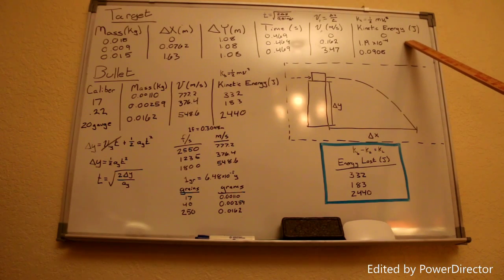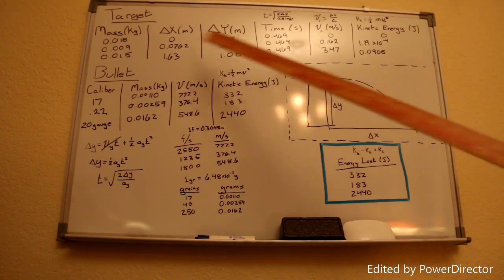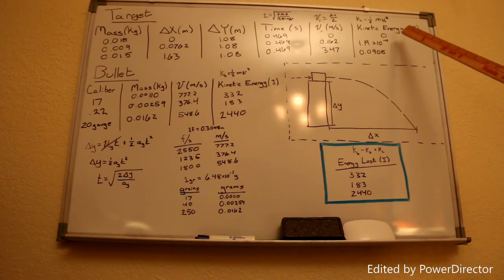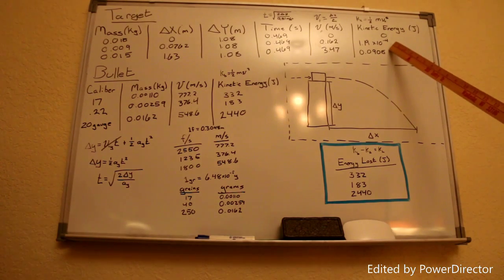Now we can calculate the kinetic energy of each target using the equation kinetic energy equals 1/2 mass times velocity in the x direction squared. Using our mass values and our velocity values, we find our energy in joules to be 0 for the 17 HMR target, 1.19 times 10 to the negative fourth for the 22, and 0.0905 joules for the 20 gauge target.